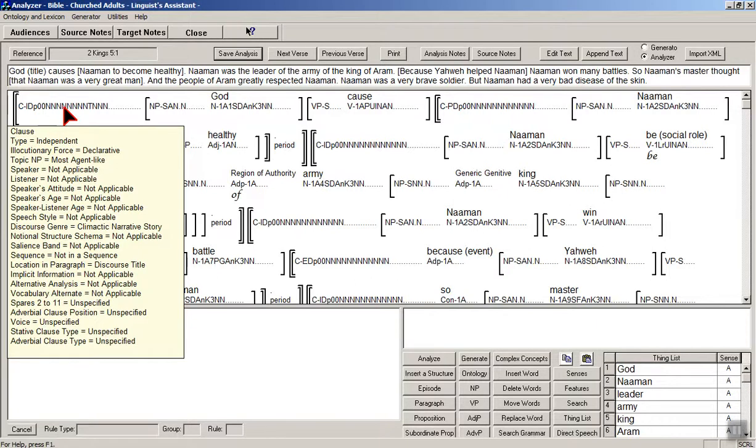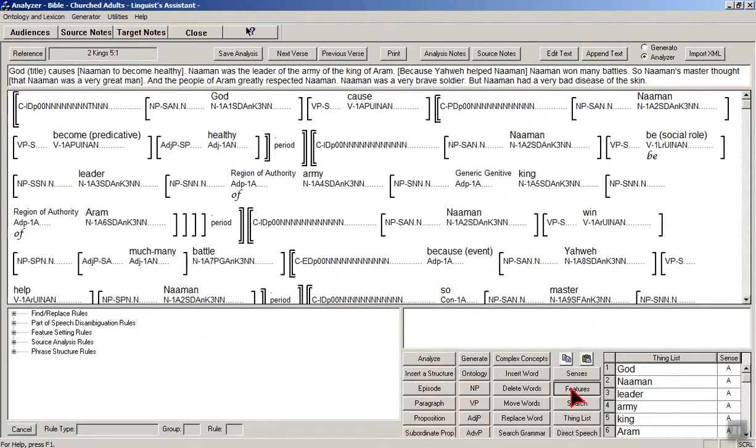So that's good because the first sentence was God, title paren, causes Naaman to become healthy. So that's supposed to be a title, and the analyzer used that left parenthesis title, right parenthesis to make it a title. So it looks like all the features are correct.